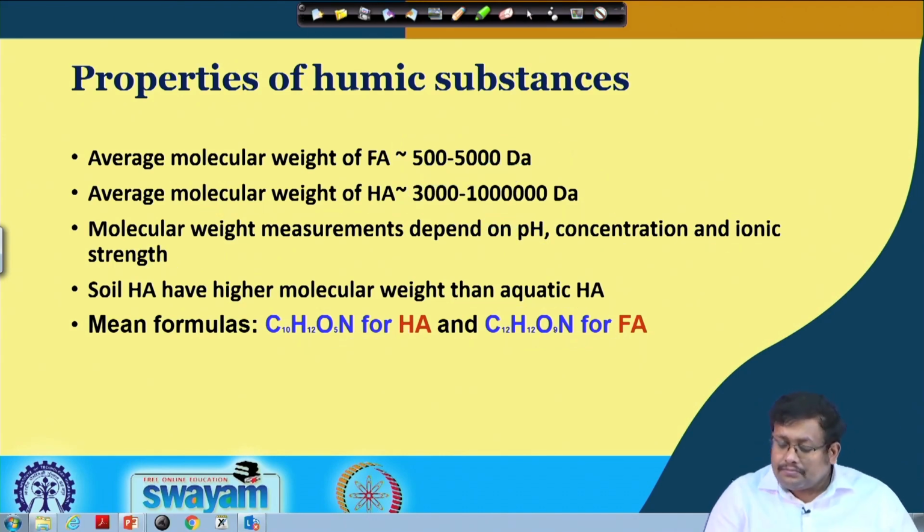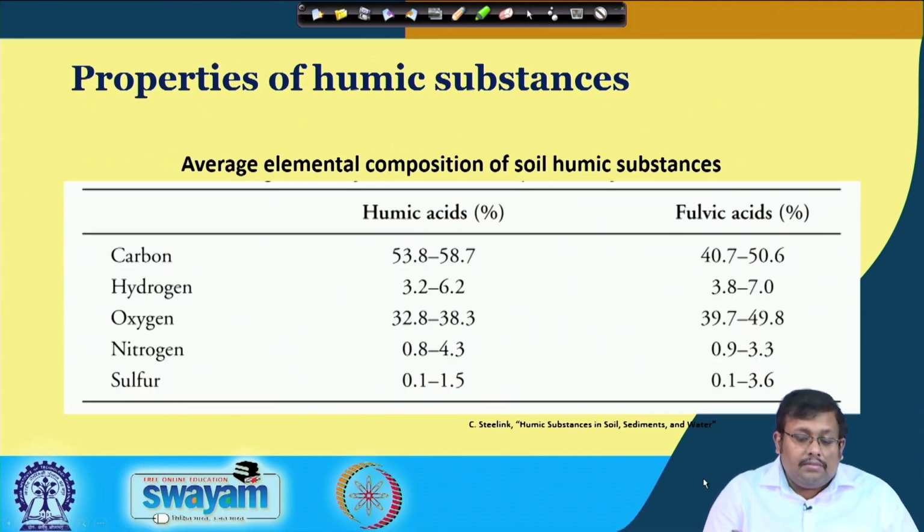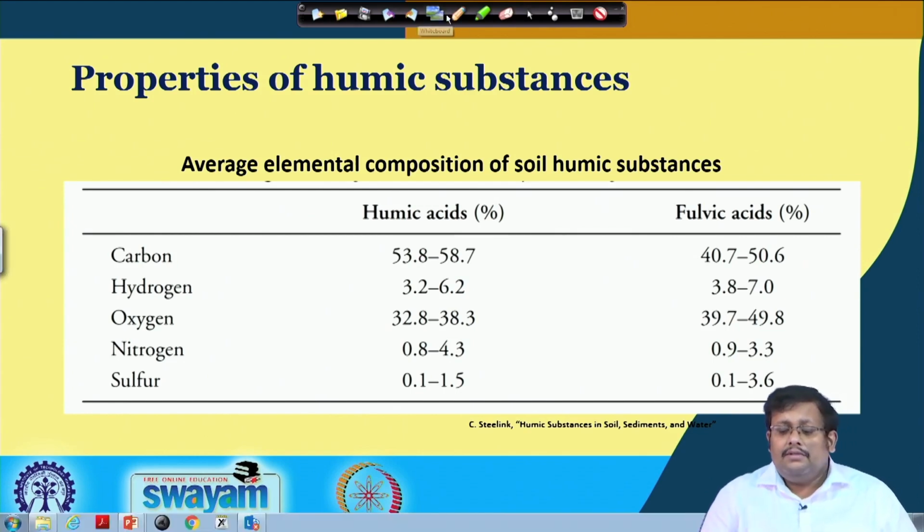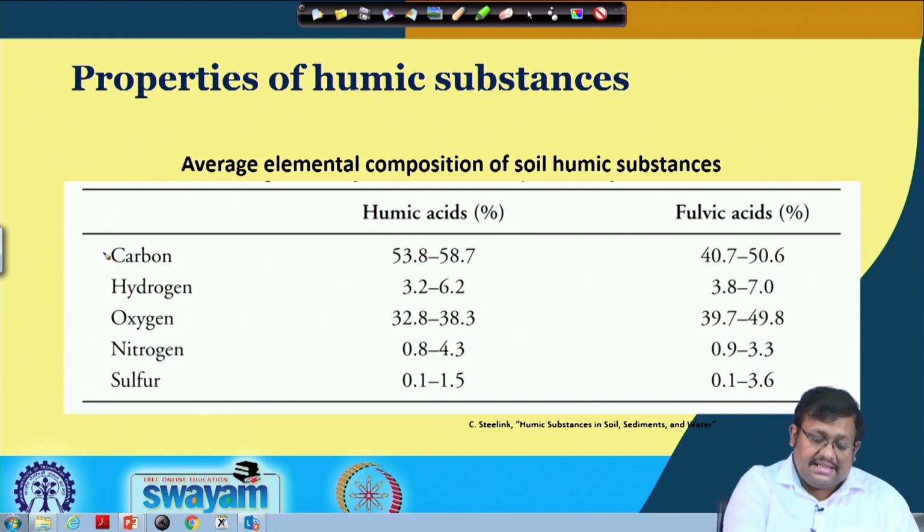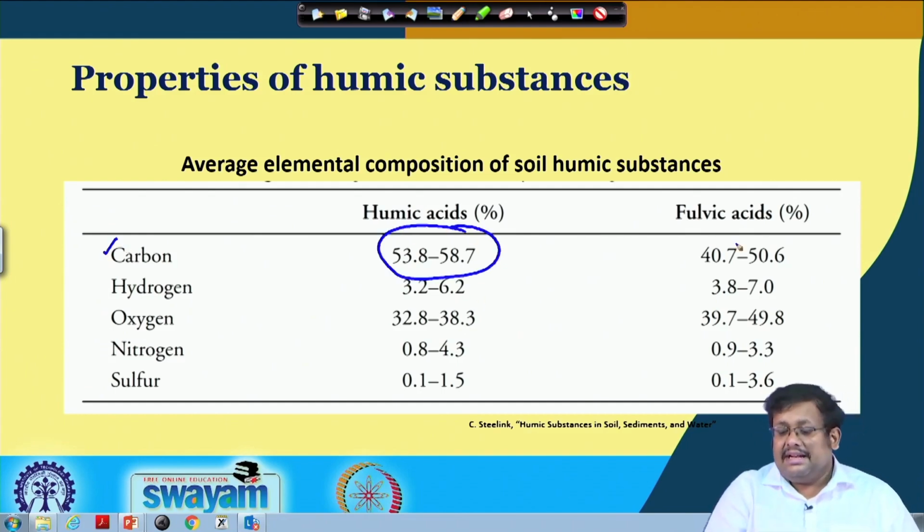So, this is the difference in their mean formulas, and their molecular weight is also quite different from each other. If we also see the composition of humic acid and fulvic acid, this table shows the clear difference. One thing is clear, that humic acid contains higher carbon than fulvic acid.